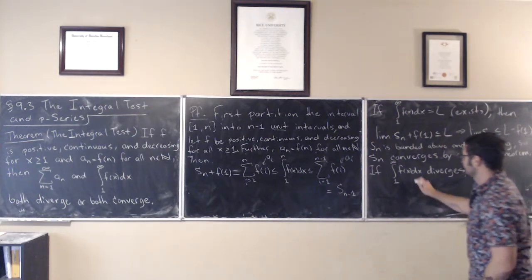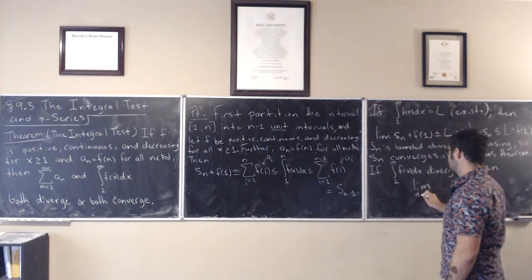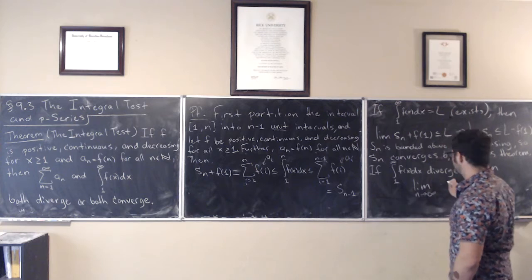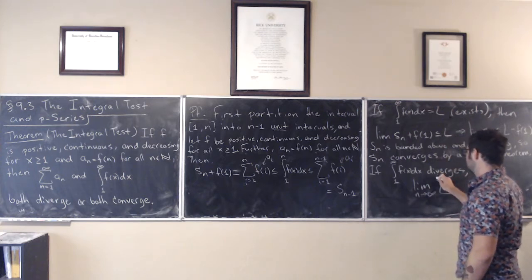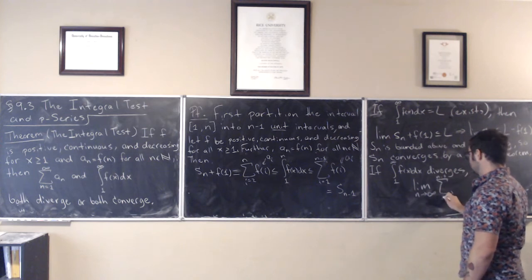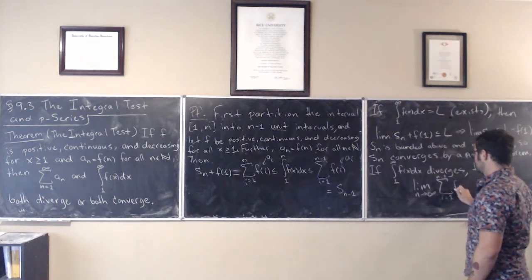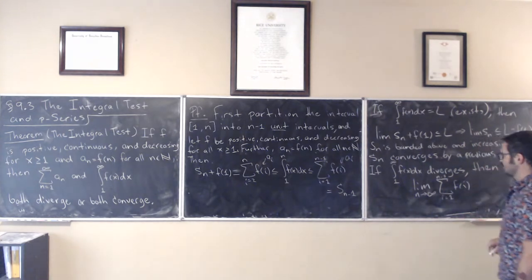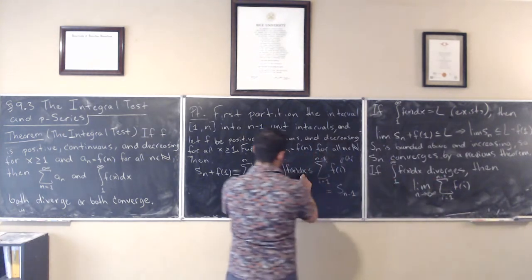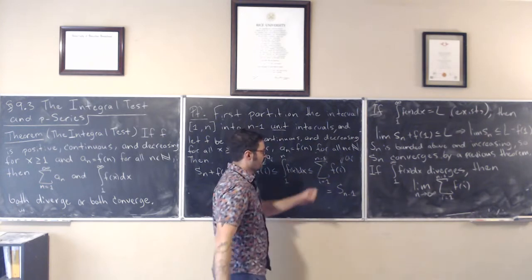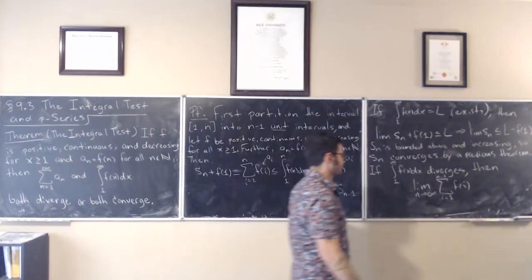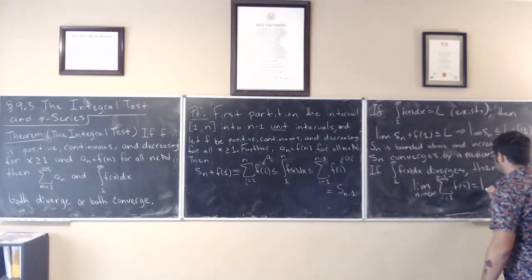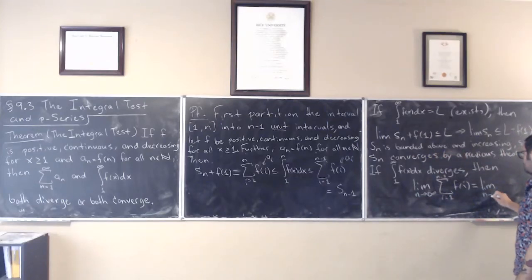Then the limit as n goes to infinity of this sum here, right? If we just take the limit here and that goes to infinity, then that has to go to infinity as well. And what does that equal? That's the limit as n goes to infinity of S of n minus 1. So all of that has to diverge.